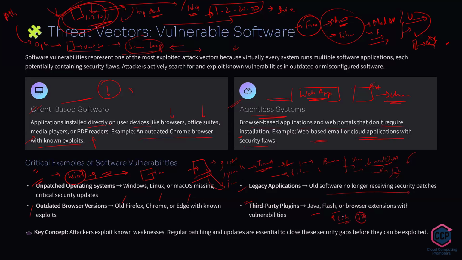JDK files will be there for Java, which should be updated. If you are using MS-SQL, where a company stores its data, and the version is not updated, what will happen? The attacker will exploit that old version where there are flaws. Many flaws would be there.